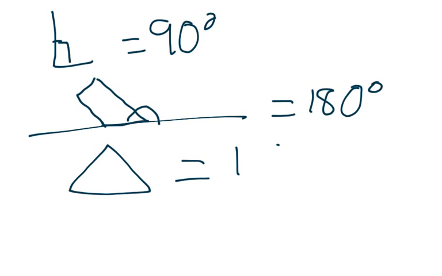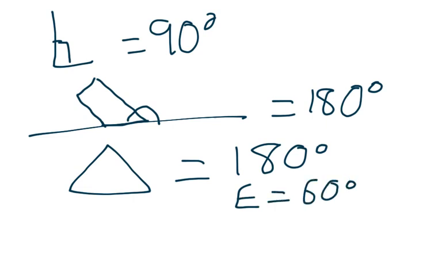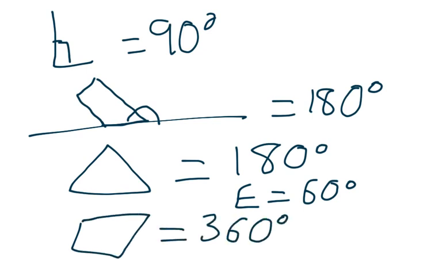Triangles equal 180. Don't forget equilateral triangles, always 60 each. And quadrilaterals, 360. So that is your cheat sheet for today. Don't forget those values. Pause on this page if you want to. And good luck with that sheet.